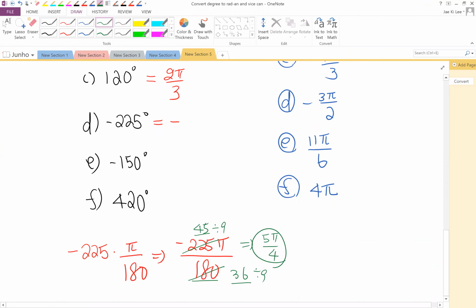So this answer becomes negative 5 pi over 4.